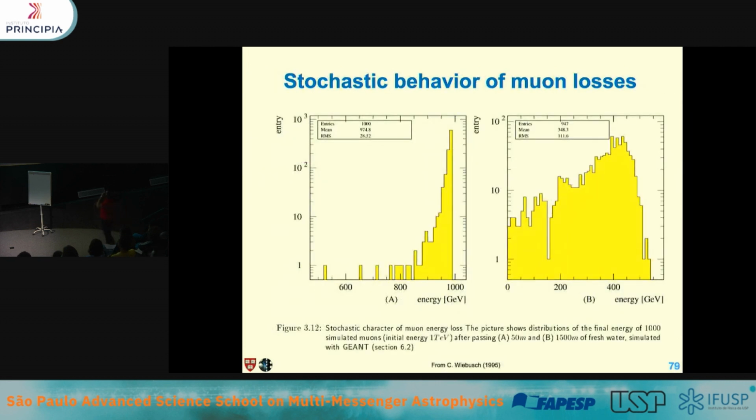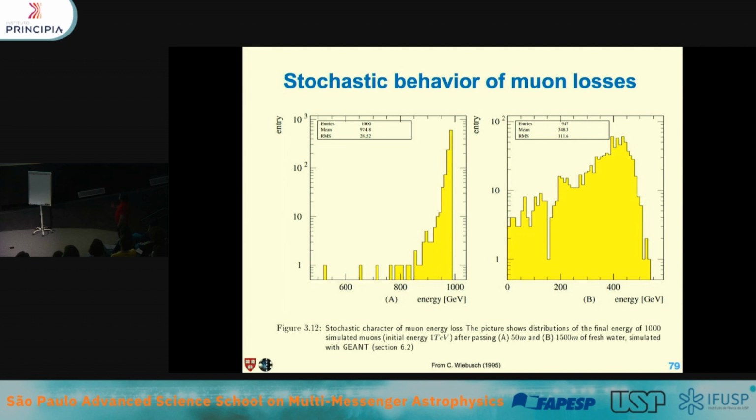So if I have a muon with 1 TeV, this is a 1 TeV muon after 50 meters and then 1.5 kilometers. You see this is the distribution of final energies. After only 50 meters, the distribution of final energy looks like this exponential.